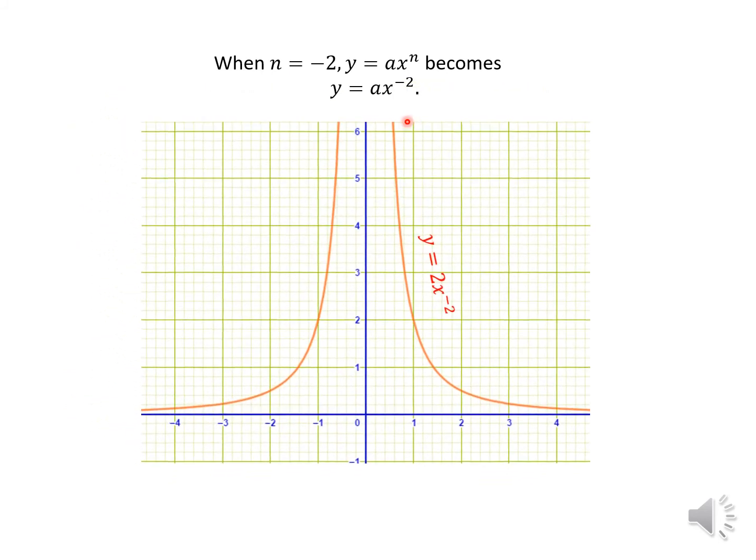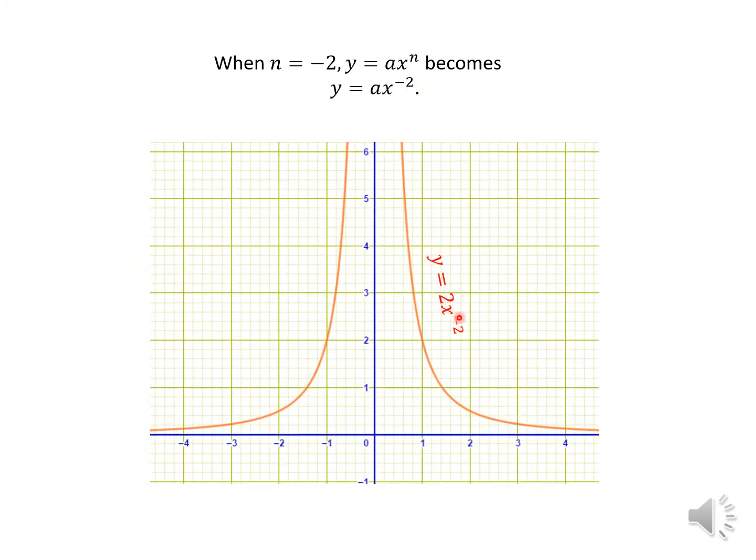If you draw one, like I've done, y = 2x raised to the power of -2, you're going to have a particular graph that looks like this, with its reflection on the y-axis. One thing you should know is that this graph does not cut the y-axis.